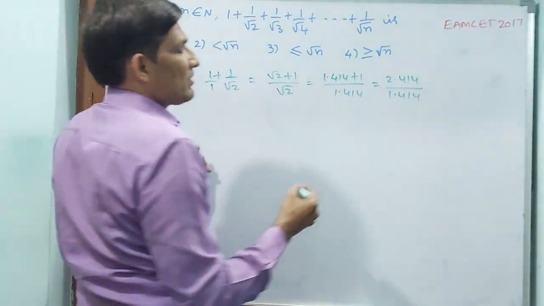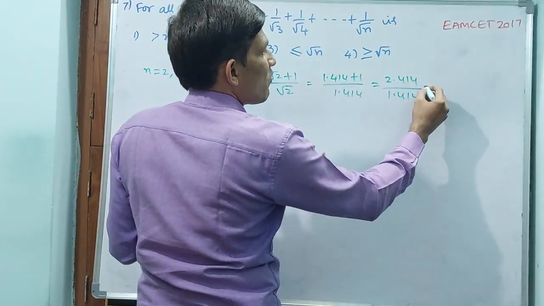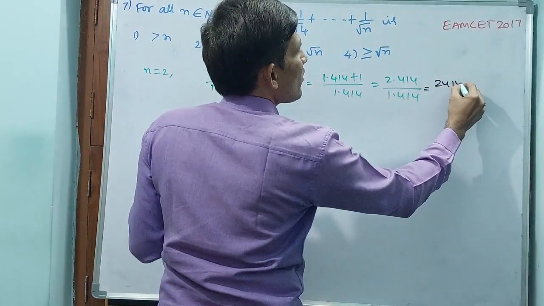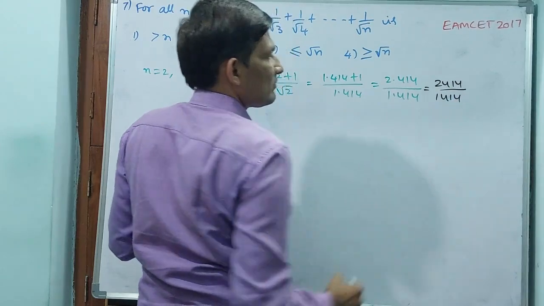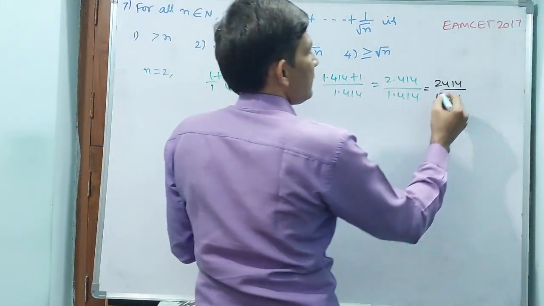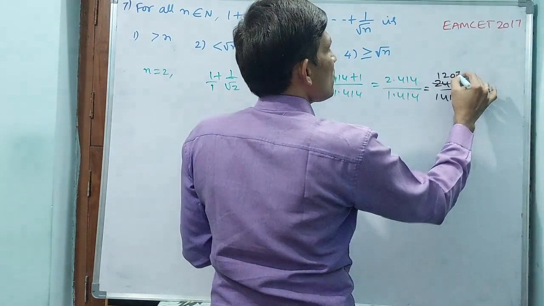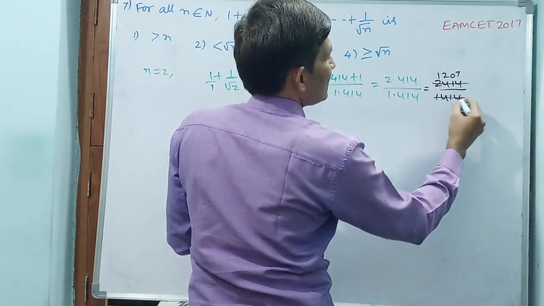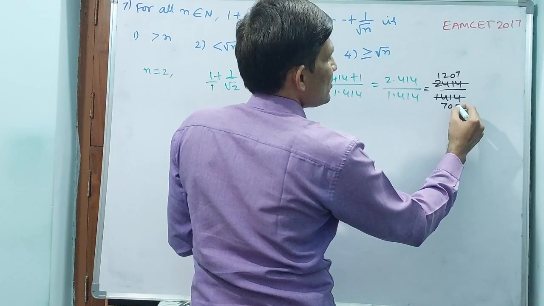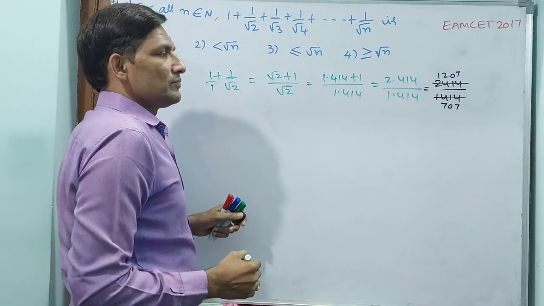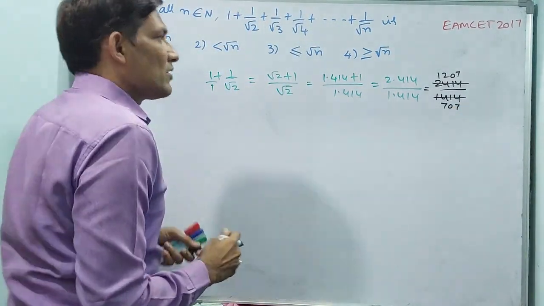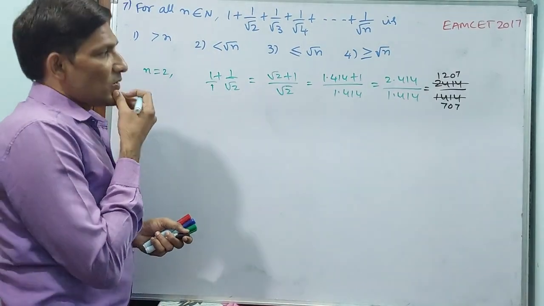Both have the same decimals, so I can write 2414 by 1414.